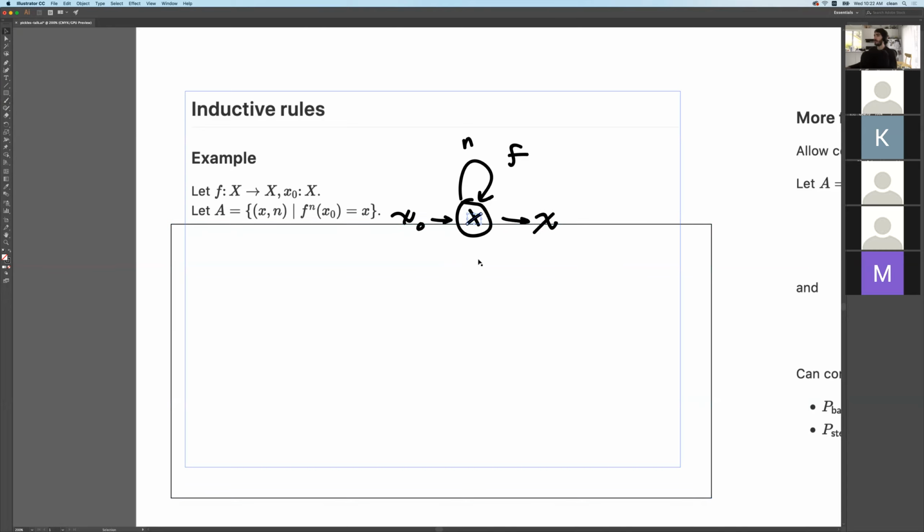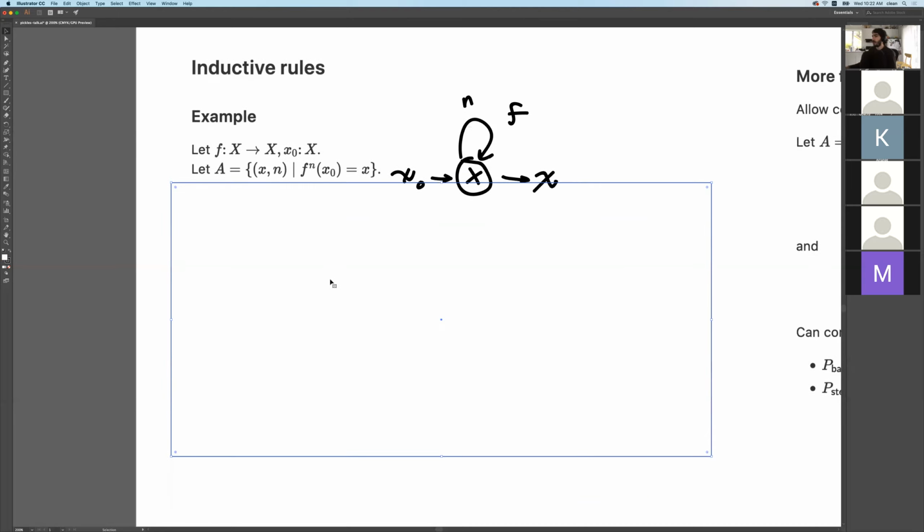And suppose we want to do it in such a way that once we have a proof that f applied n times to x0 equals x, we can update that proof to get a proof that f applied n plus 1 times to x0 is f of x.